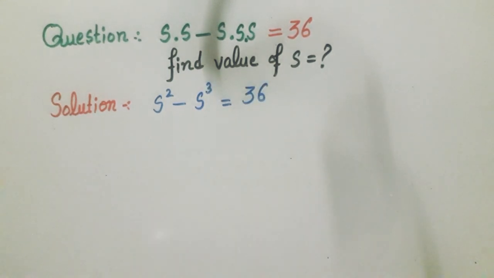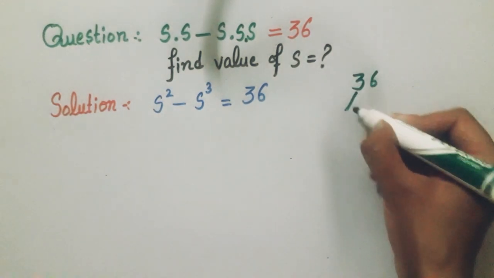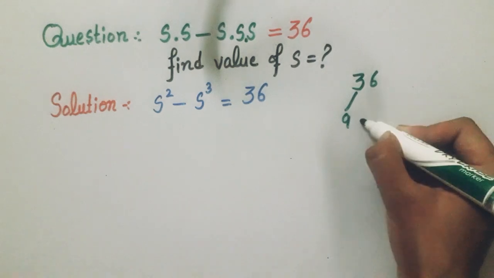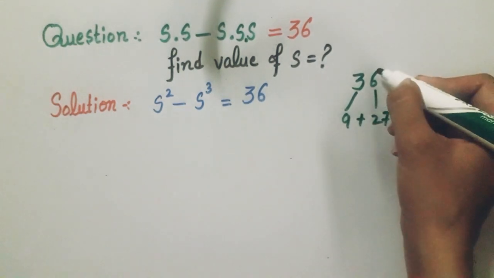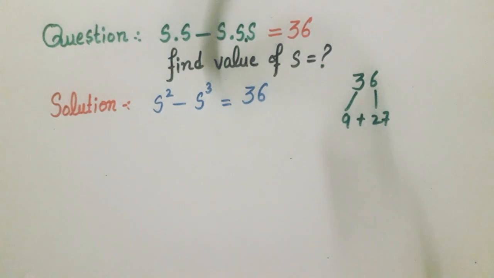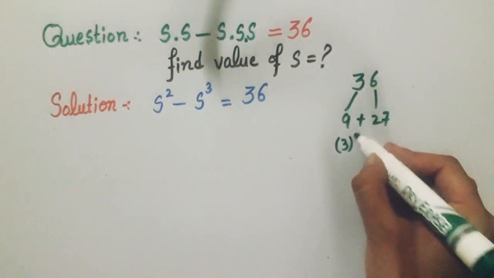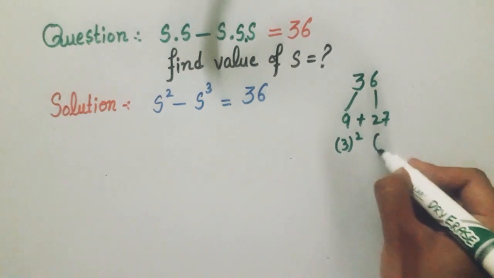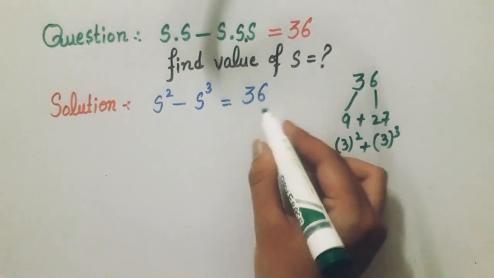Now I will split 36 as 9 plus 27, because 9 plus 27 equals 36. The purpose of this is that 9 is the square of 3 and 27 is the cube of 3. That's why I use this.